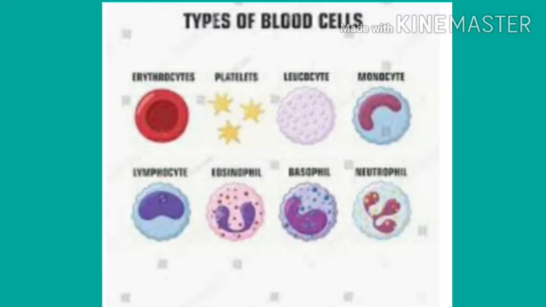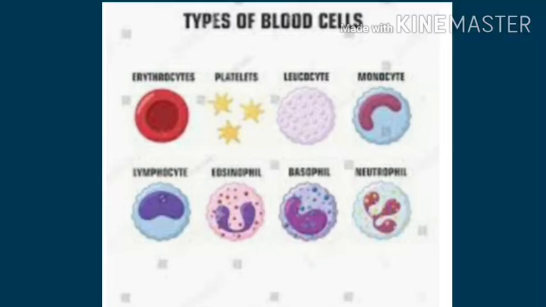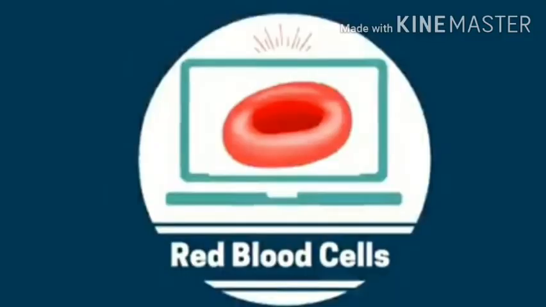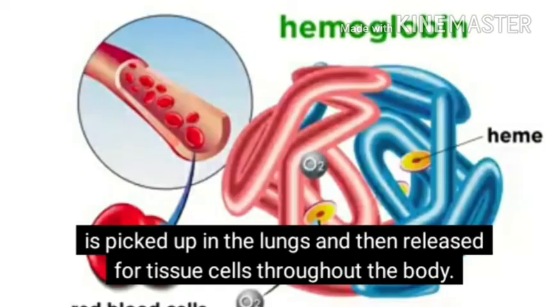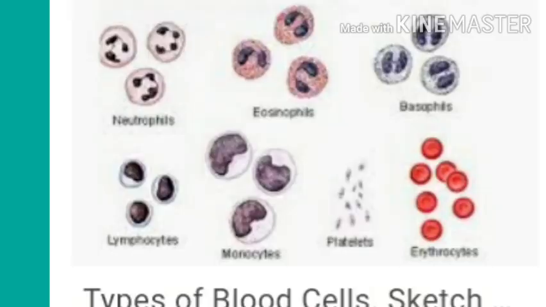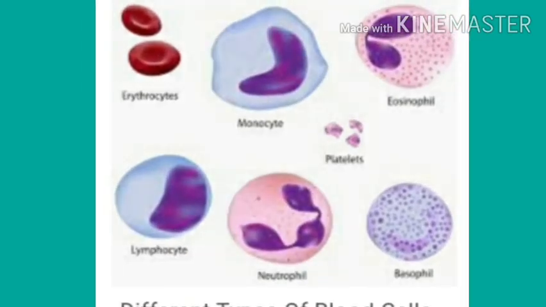In all vertebrates except mammals, the erythrocytes are oval, biconvex and nucleated. In mammals, the mature erythrocytes are circular, biconcave and without nucleus. A human RBC is about 7.8 micrometer in diameter.